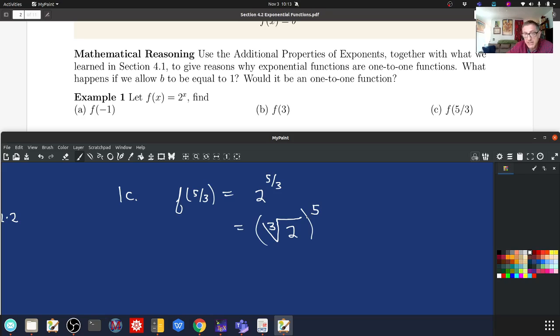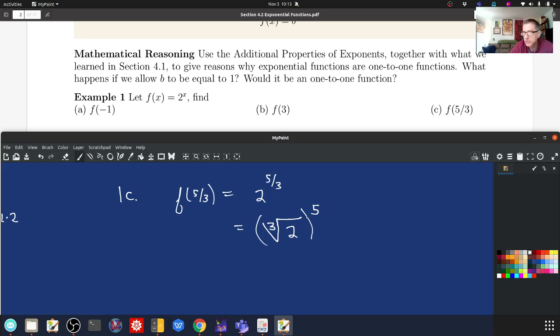That answer is exact. Now, I know you could plug this value into your calculator to find out what it is, but that's not what we want. We want exact solutions when we can get them.